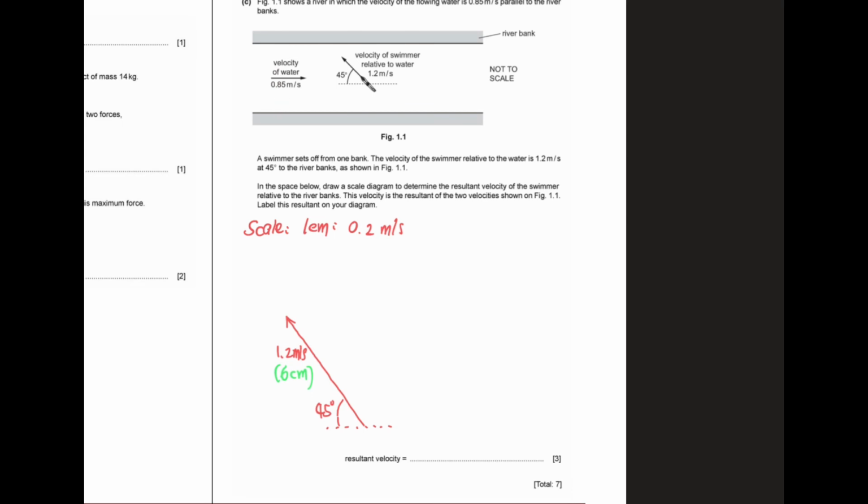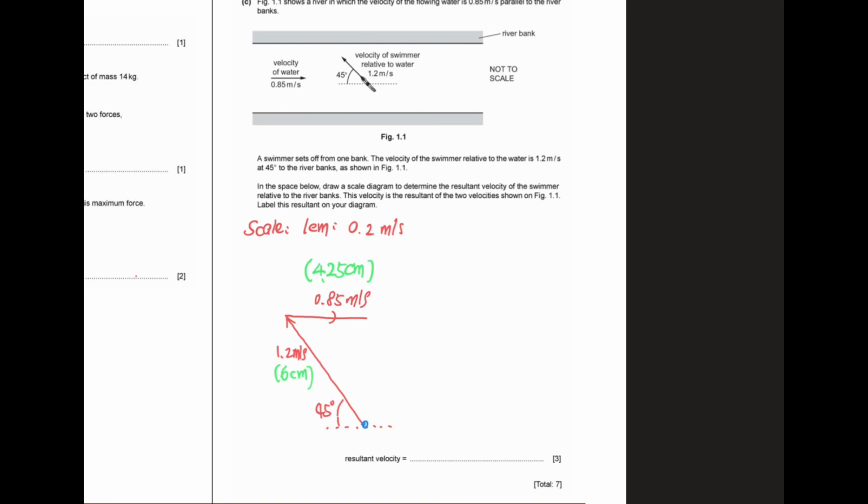You divide: 0.85 divided by 0.2, then you get 4.25. So you have to draw out a horizontal line 4.25 cm, representing 0.85 meters per second.